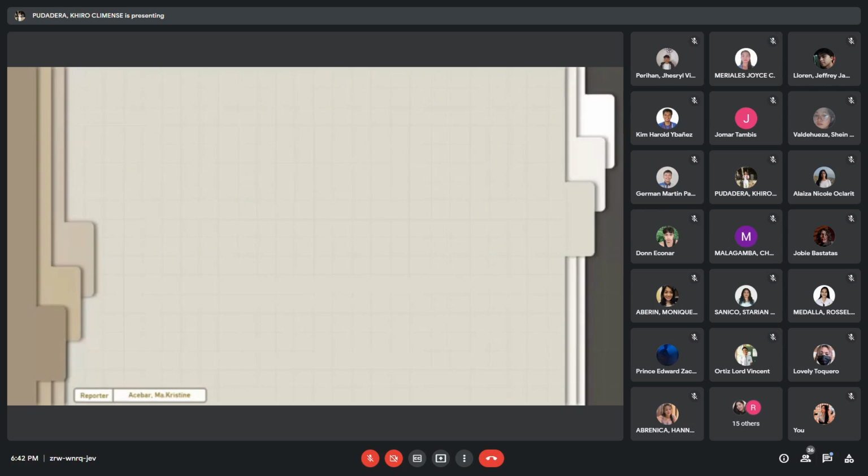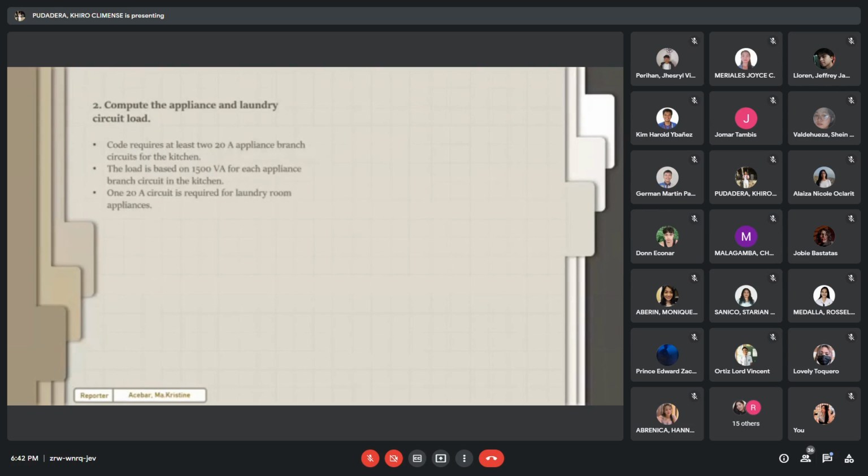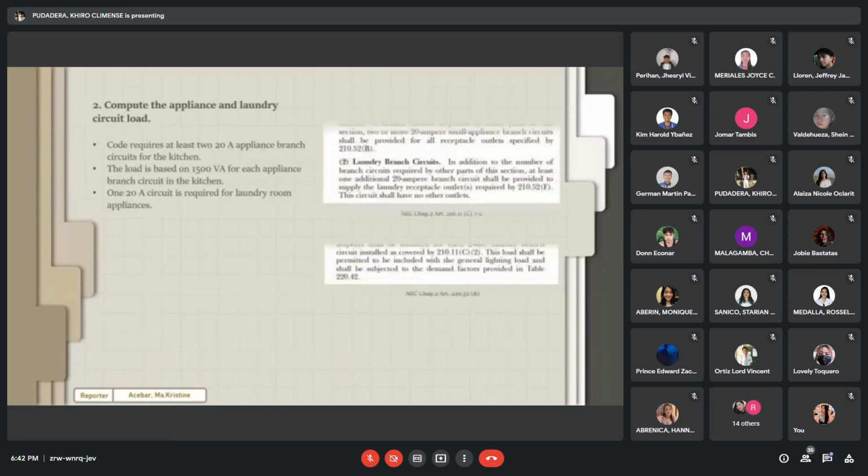Second, compute the appliance and laundry circuit load. The code requires at least two 20A appliance branch circuits for the kitchen. The load is based on 1,500 VA for each appliance branch circuit in the kitchen. So makita sa right figure nato kung asa ni siya gi-base which is sa Article 220.11 C1 and 2.